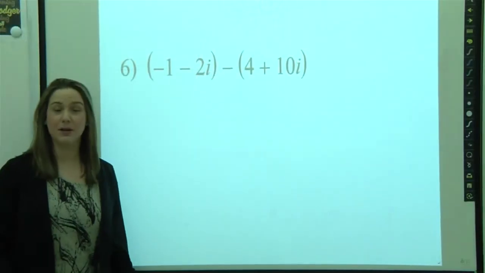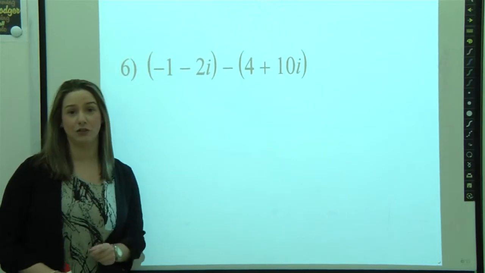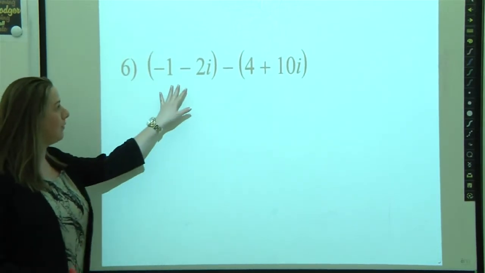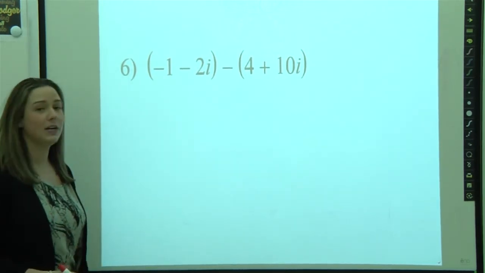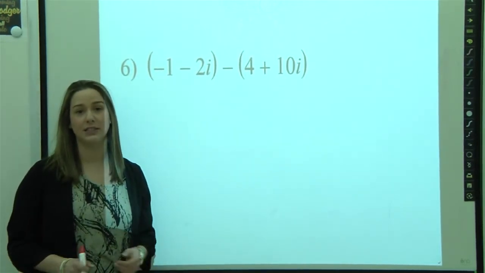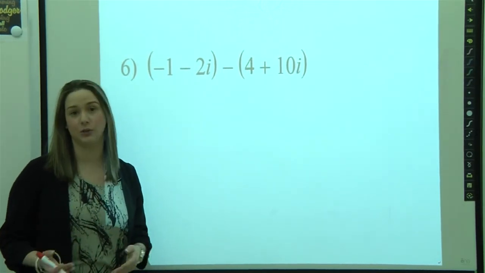So we've looked at multiplication and division with complex numbers. Now we're going to take a look at addition and subtraction. So we have one complex number and it's being subtracted by another complex number. What we're going to do is take the real components and subtract them, and then take the imaginary components and also subtract them.